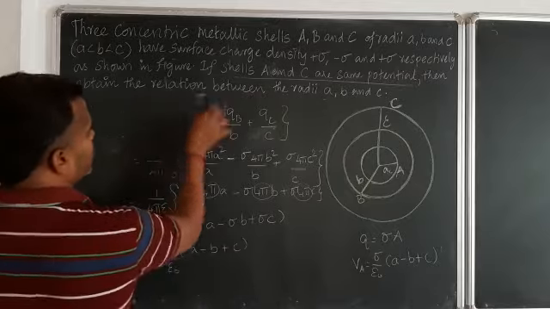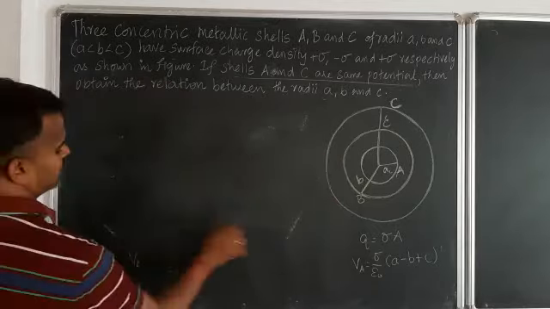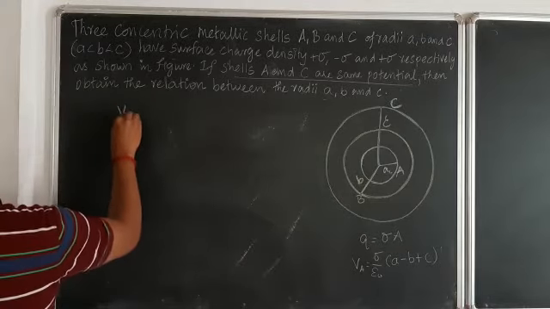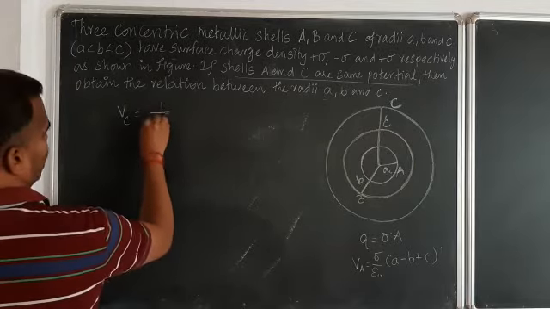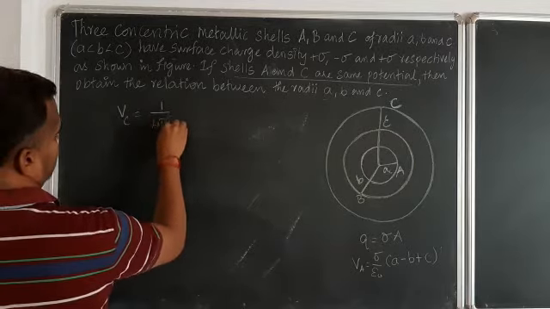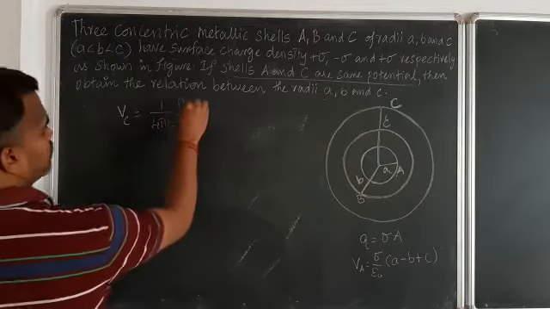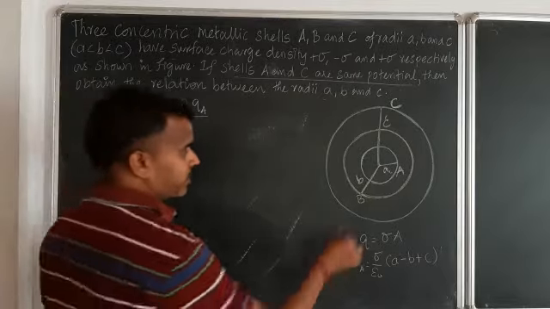Now we move on to calculating the electric potential at the sphere C. So again we are going to calculate 1 by 4 pi epsilon naught QA by, what should we use here?